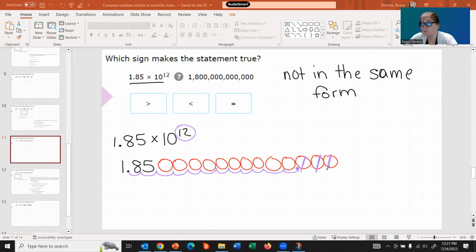I don't need them. And now when I rewrite this, I have 185 and then 10 zeros. And I can add my commas, of course, every third number.